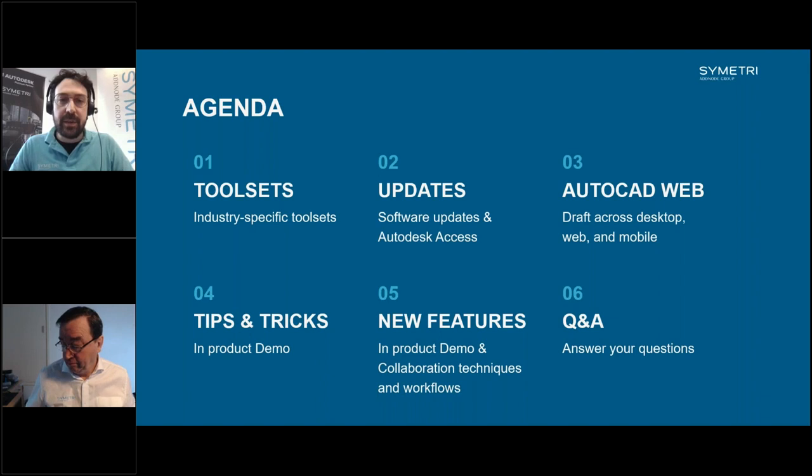And then I will give the word to Jeff, who is introducing the new features in AutoCAD 2024 and the collaboration techniques and workflows of these new features that you can use. And then in the last section, you can ask a question and we can go on and answer your question.